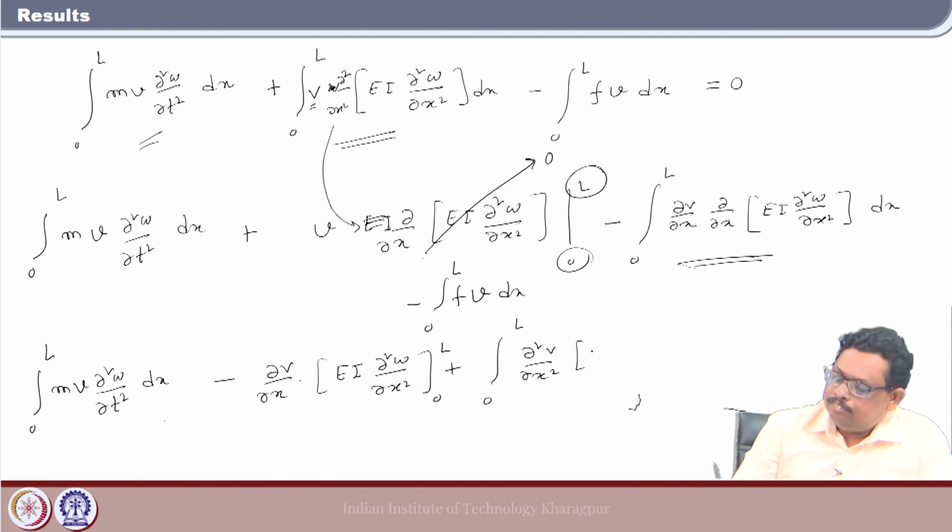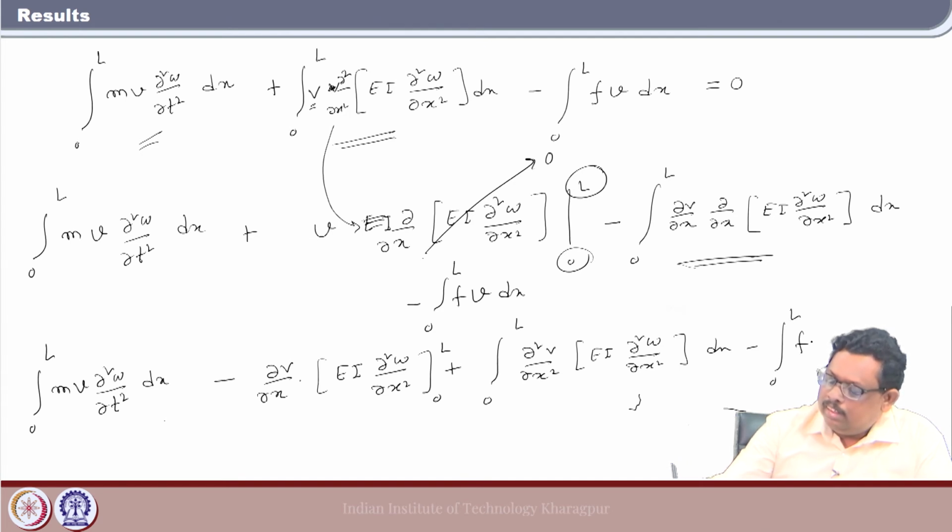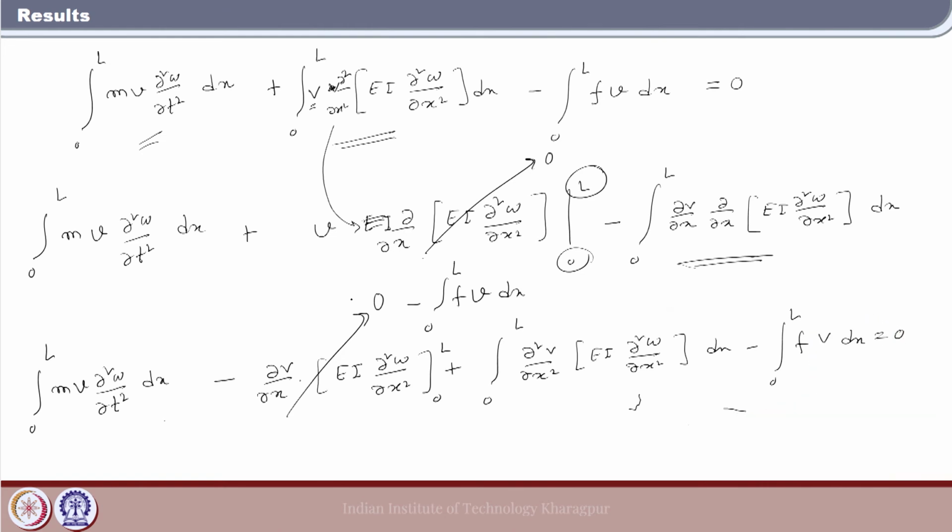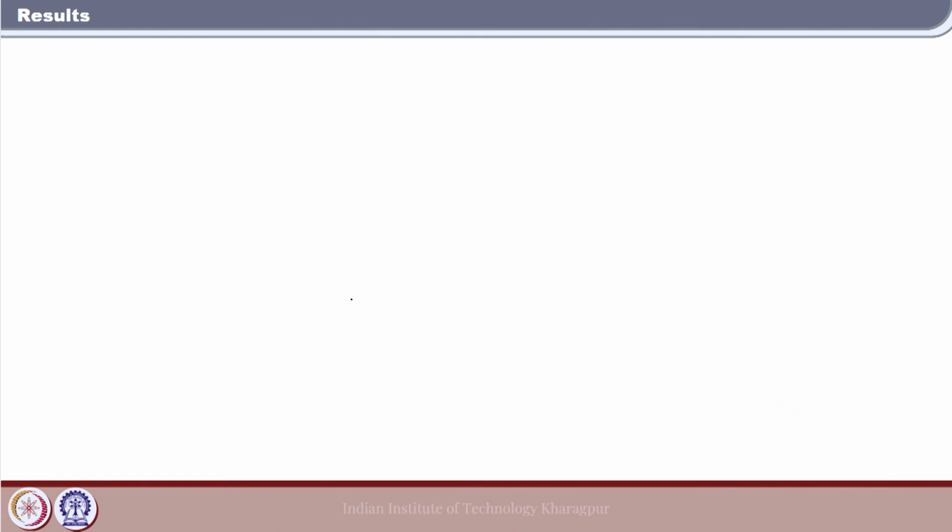So, it is EI ∂²w/∂x² dx, and then finally minus 0 to L f V dx, that should be equal to 0. Now, again if I apply the boundary condition, so this goes to 0, right.